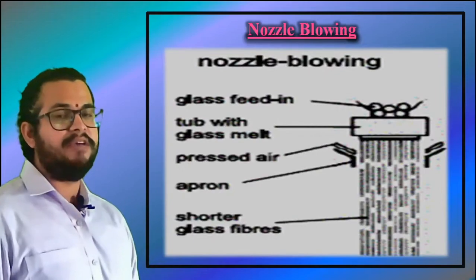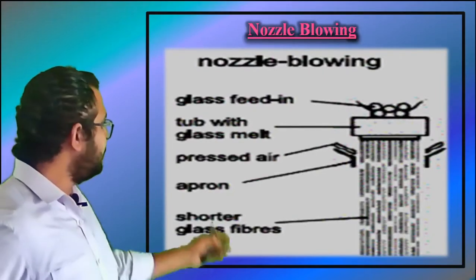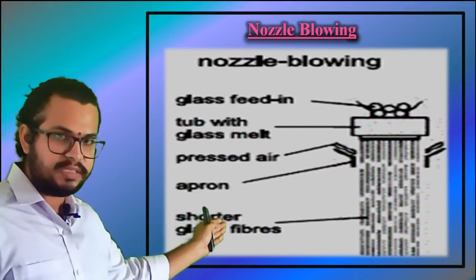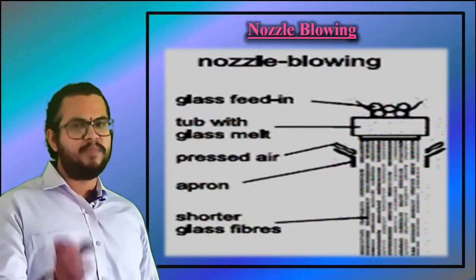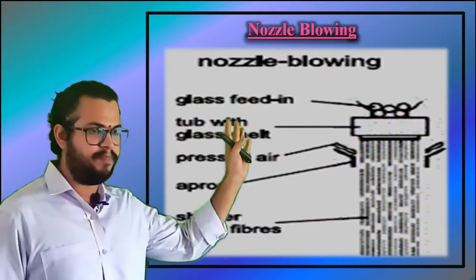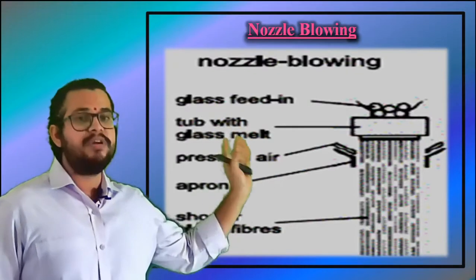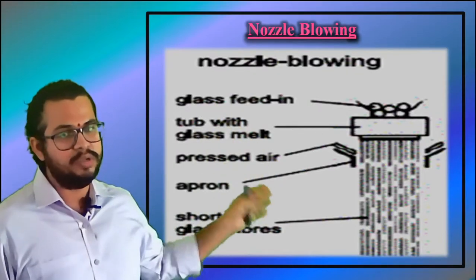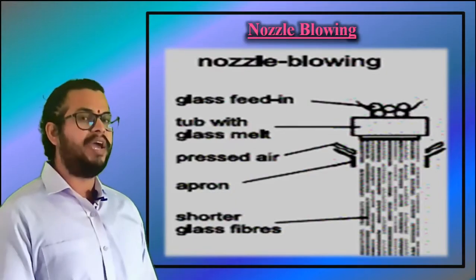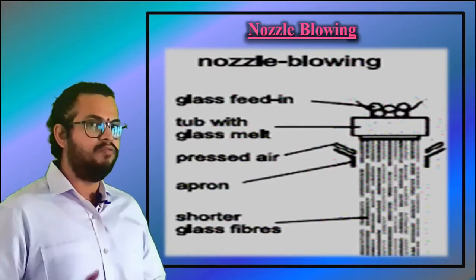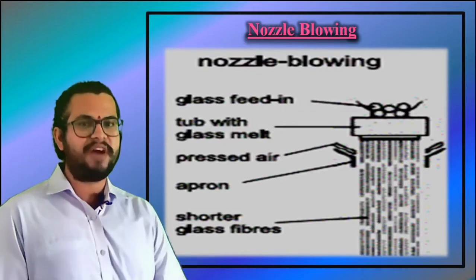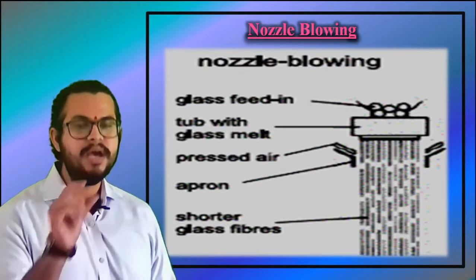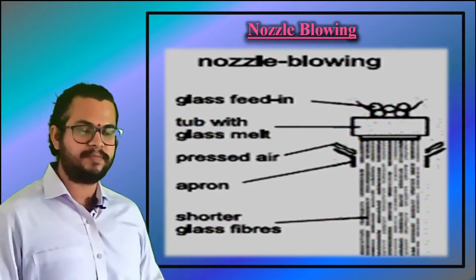Okay, next we have nozzle blowing. As can be seen in the figure here in the slide, it is the same as with nozzle drawing. Glass balls are melted in the tub. The melt emerging from the nozzle holes is then taken by pressed air, which draws the liquid glass so as to make fibers of 6 to 10 micrometers diameter.